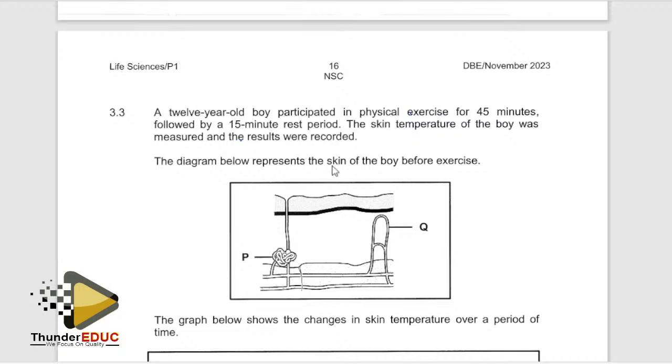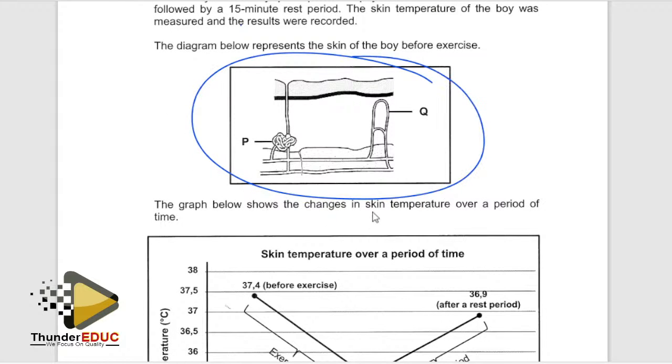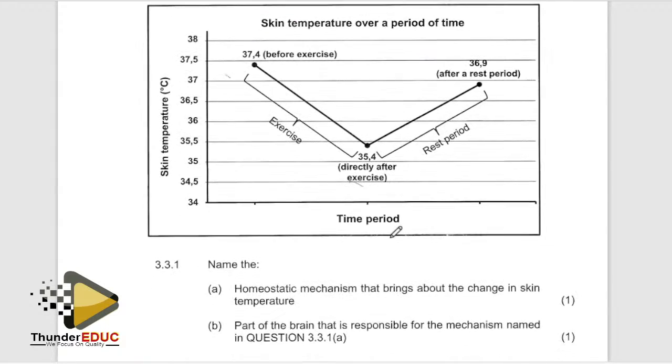The diagram below represents the skin of the boy before the exercise. Anyway, I talked about this, and I was singing a song for you. Hopefully you did not let me down. The graph below shows the increase in the skin temperature over a period of time.